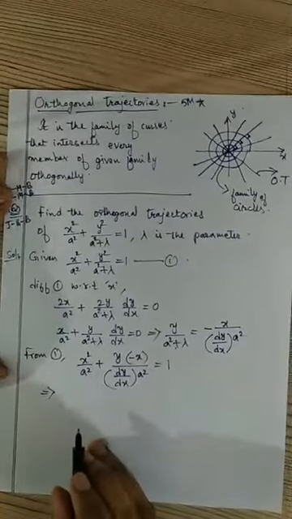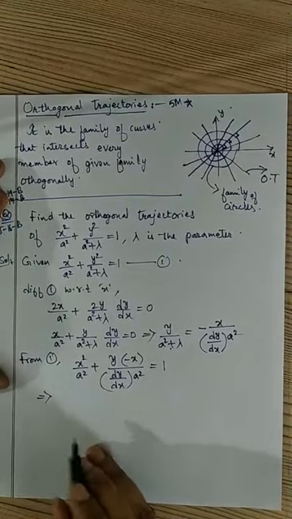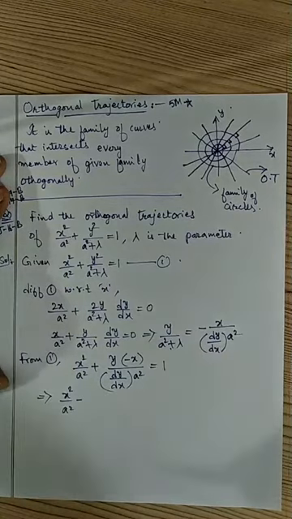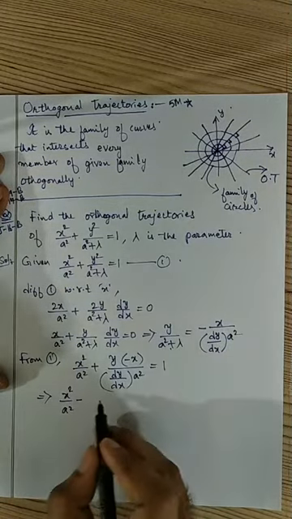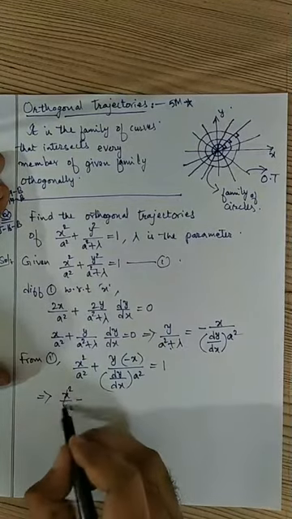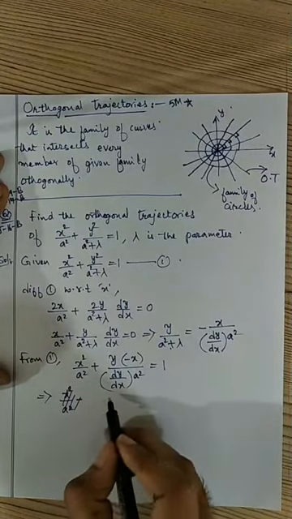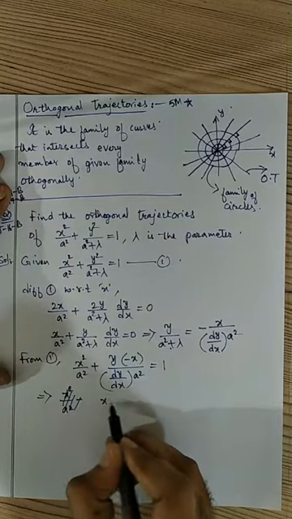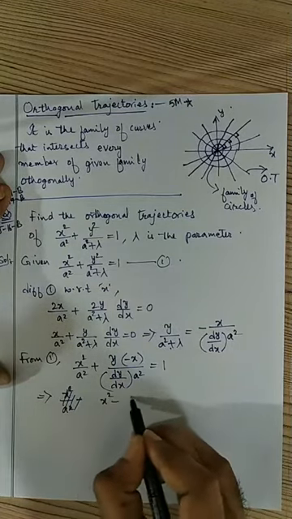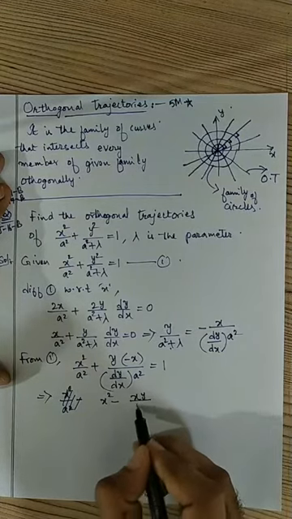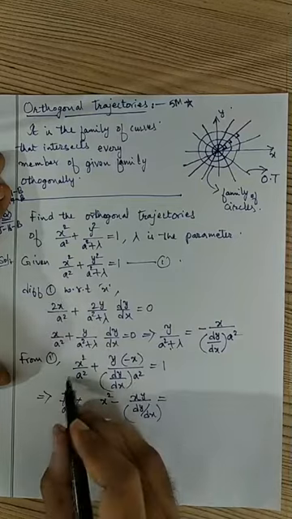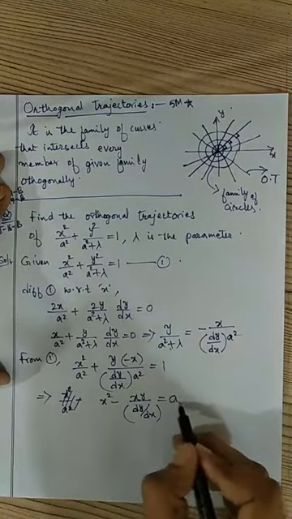Further, this equation can be written as x square minus xy by dy by dx. This a square I am taking outside and sending to the right hand side.